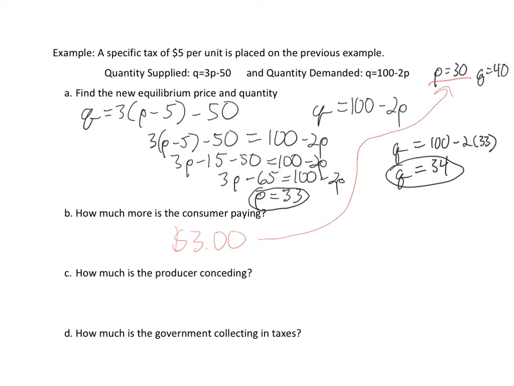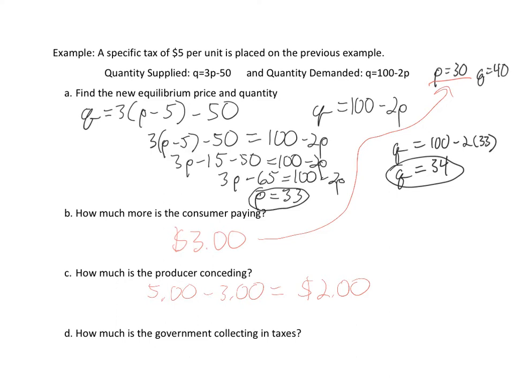The producer, in addition, is actually conceding something here as well. Remember, they were going to have to give the government $5. So if they're selling now for $33, and the consumer is absorbing $3 of that, of the $5 tax, the consumer's paying $3, and so the producer is actually giving away $2 of that tax back to the government.